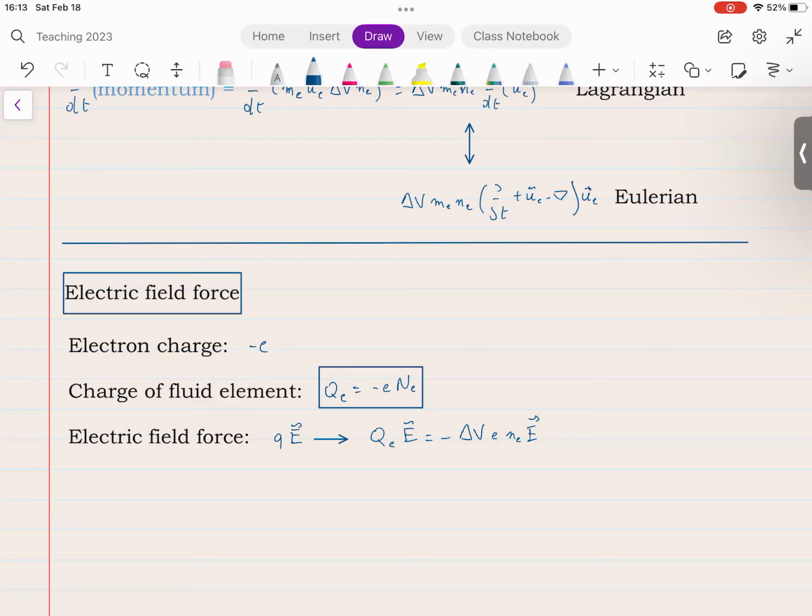Here is an important and subtle point. Each charged particle in my system is going to generate an electric field. And each other particle that comes close enough to the first particle is going to experience that electric field and therefore interact with the first particle.